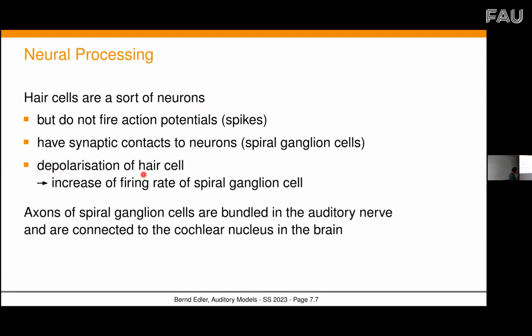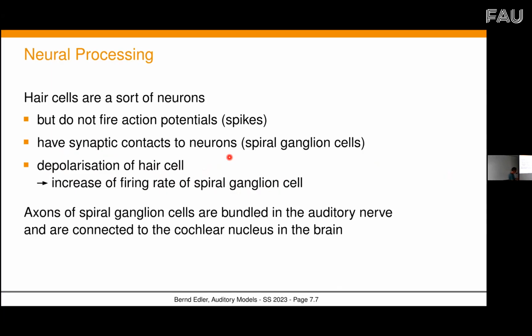What can be generally said is that with the depolarization of the hair cell, that means if the potential gets closer to zero, the firing rate of a spiral ganglion cell, which is connected to the corresponding hair cell, is increasing. So there's a connection of the two: this potential, what we saw on the previous slide, and the firing rate.